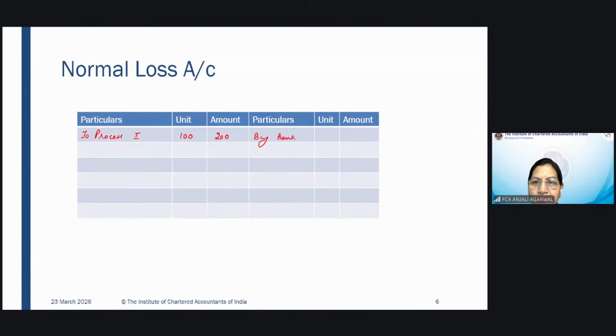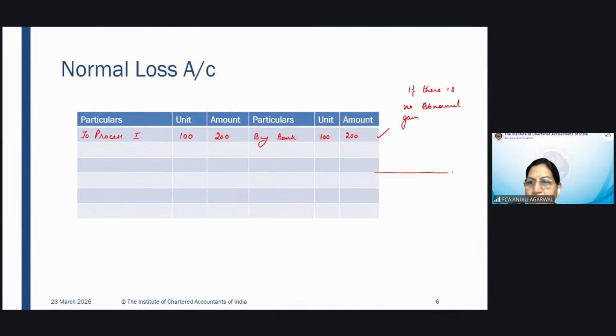These 100 units would be sold and you will realize the 200 rupees. That is all that you will do in the normal loss account if there is no abnormal effectiveness. So then this is correct if there is no abnormal gain.